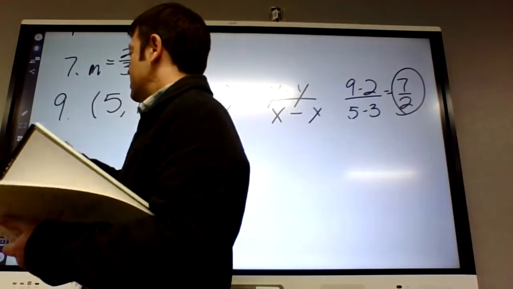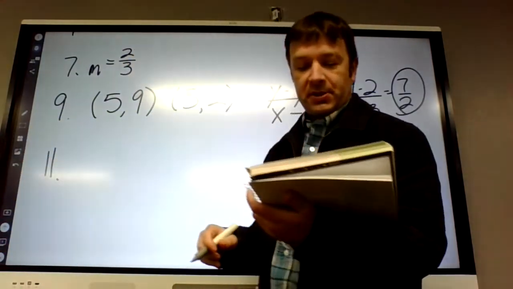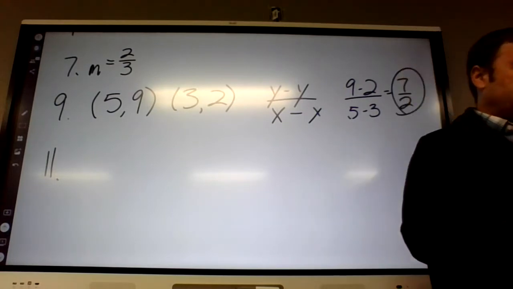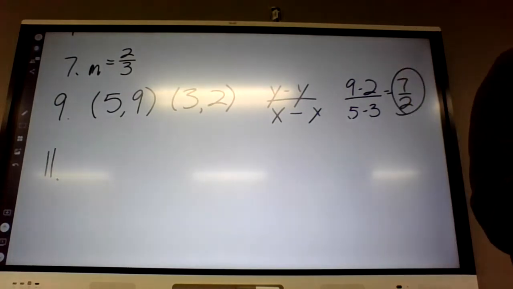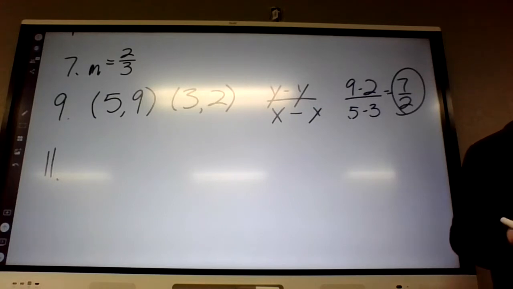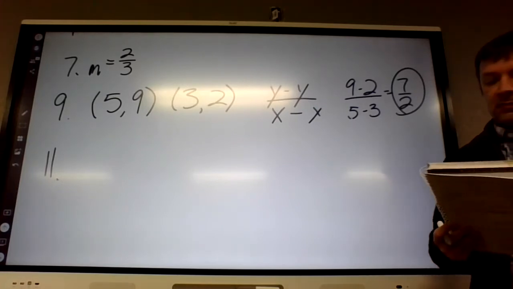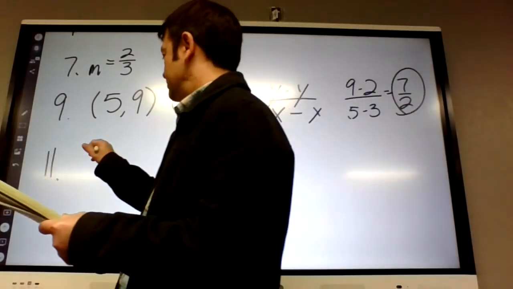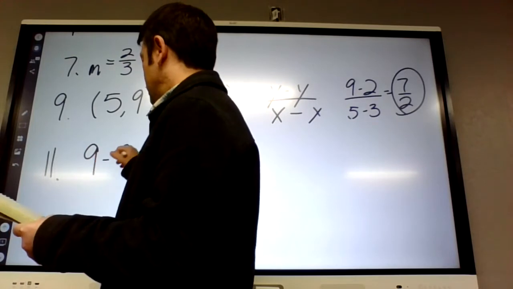Okay. Number 11, same thing. So how do I set up number 11? You do y minus y over x minus x. Yep, and what would the y's be on 11? 9 and 9.